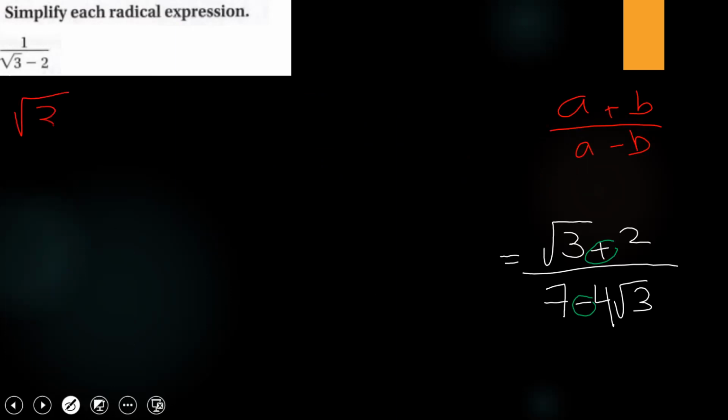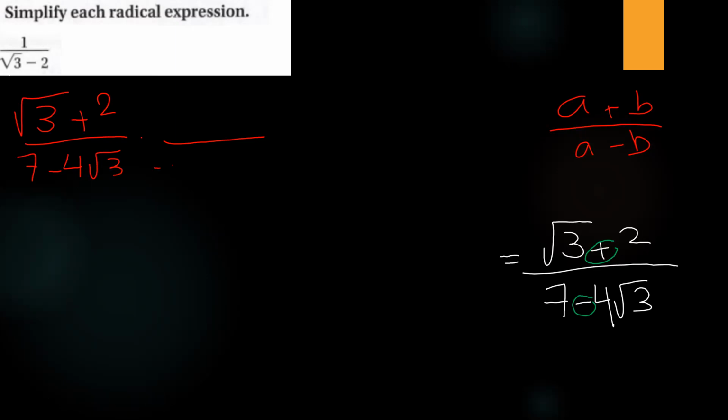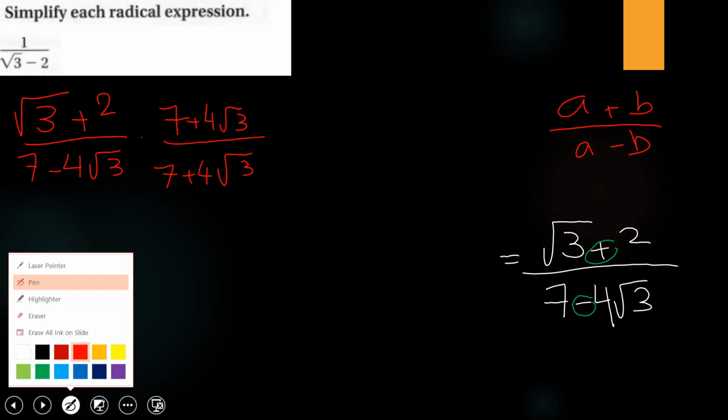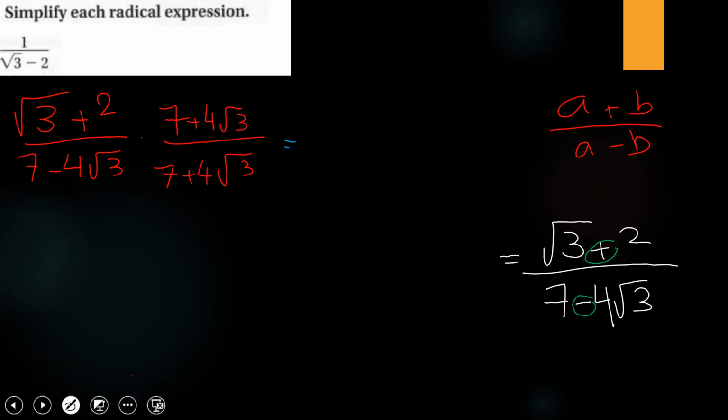So we have square root of 3 plus 2 over 7 minus 4 times square root of 3. So here we have now to multiply by 7 plus 4 square root of 3, and up here we have 7 plus 4 square root of 3. Let's now continue.